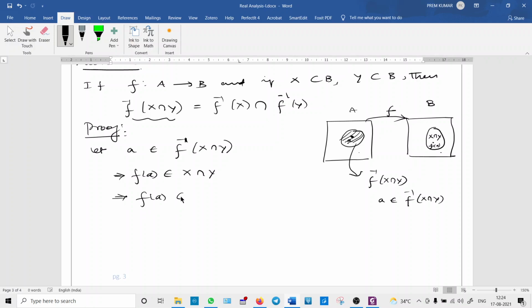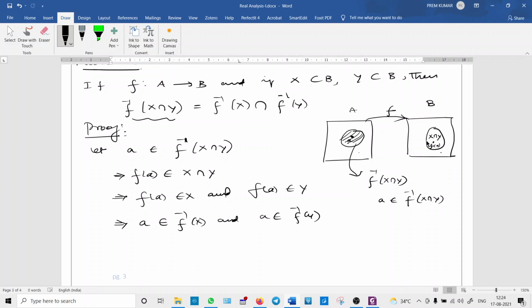F of a belongs to X and f of a belongs to Y. Now my f of a belongs to X and f of a belongs to Y implies my a must belong to f inverse of X, and my a belongs to f inverse of Y.